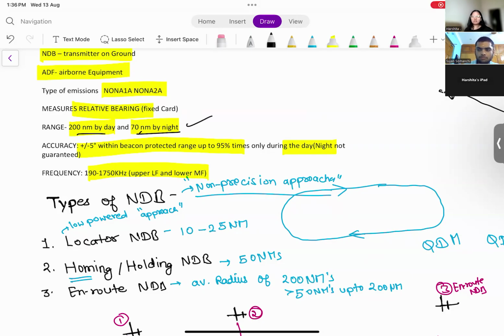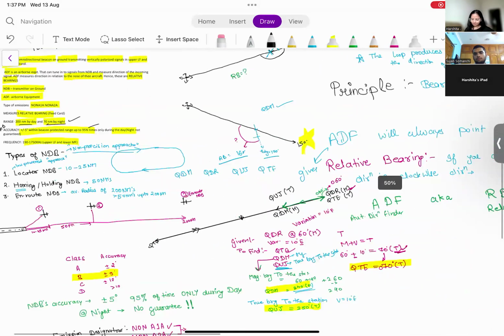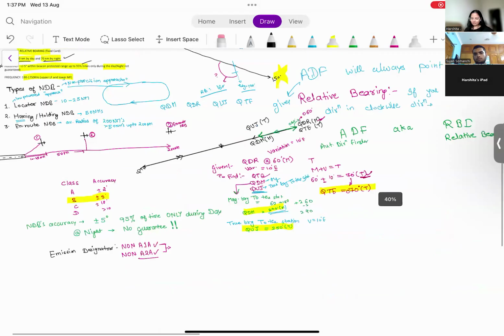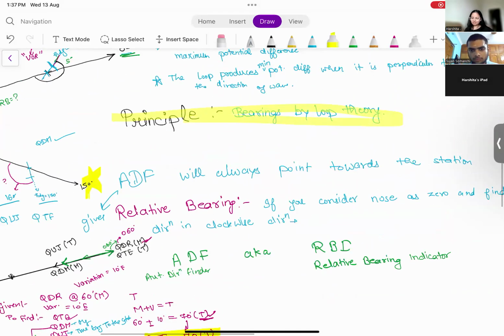Right? This we have studied. Accuracy is plus minus 5 degrees, which is class B, but only during day. At night time, no guarantee. 3 types of NDBs we have seen, and we have seen some numericals.